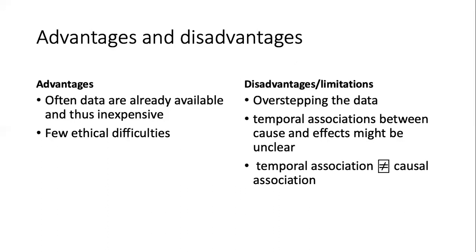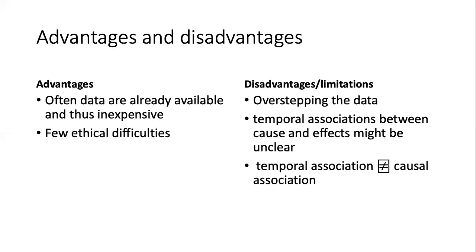It doesn't mean that because they are temporally associated, factor A causes factor B. So the cause and effect relationship might still be unclear if you're only doing a descriptive study. A temporal association is not equal to a causal association. Please remember this in descriptive studies.